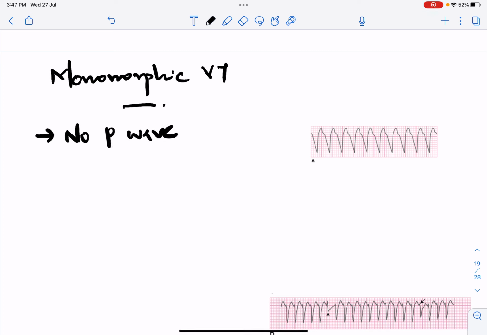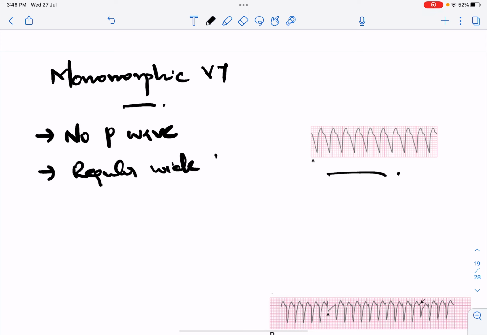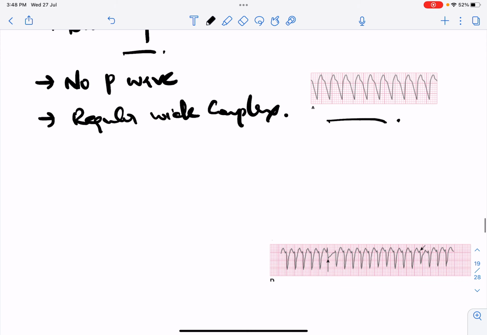This is the ECG of monomorphic VT. You can see here there is no P wave, but the ventricular rhythm is regular, wide complex. Usually the heart rate is around 140 to 180 beats per minute.